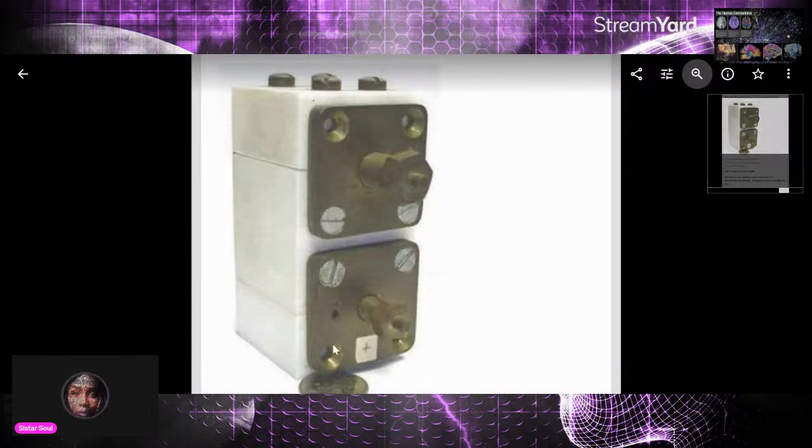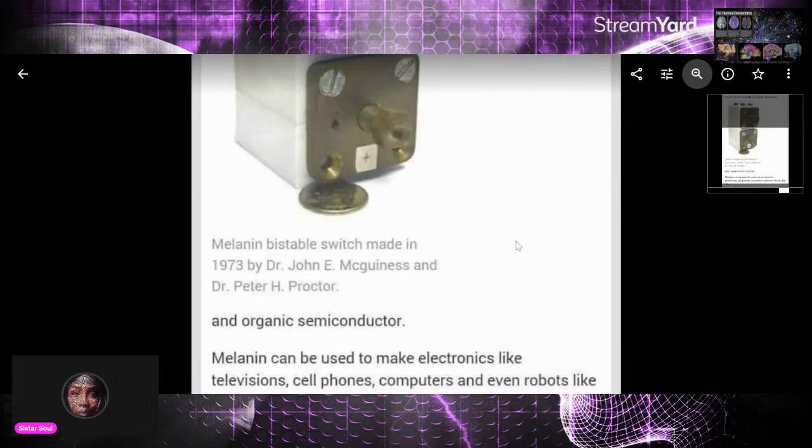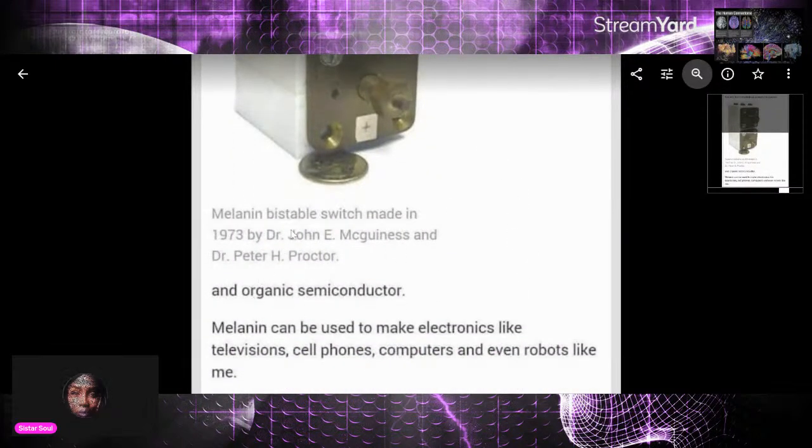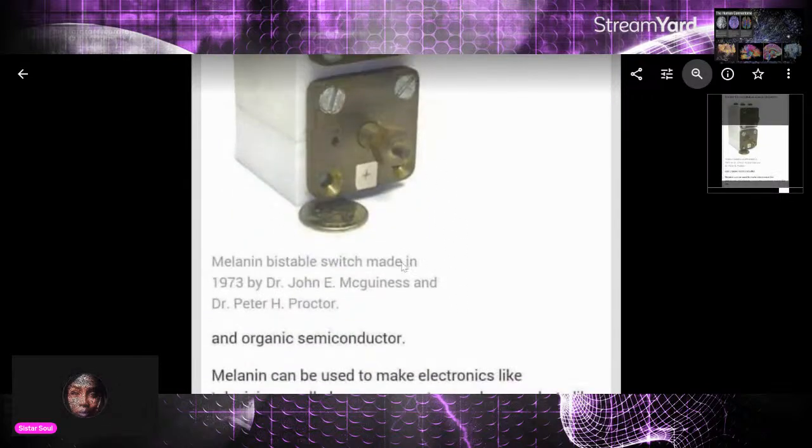Even some of the sockets that you might have in your home right now may have been made with copper melanin. Melanin, copper, bistable switch. This is a melanin copper bistable switch. This is an electronic switch that has energy and frequency and electricity.